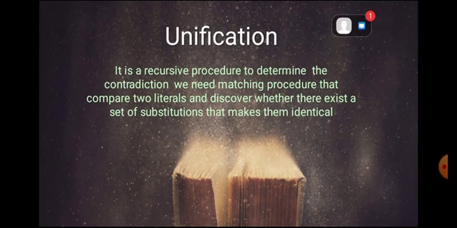In predicate logic, the matching process is complicated since the arguments of the predicate must be considered. So unification is here. It is a recursive procedure to determine the contradiction.